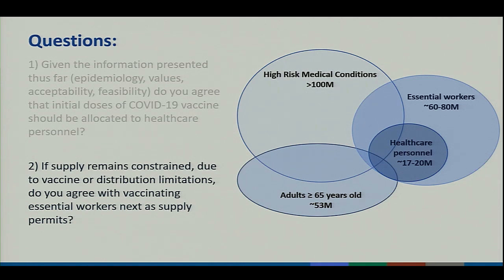So I could certainly go along with this, but I'm struggling. I can't remember what the overlap is between essential workers and high-risk medical conditions. Does it look like these circles, or is there a greater overlap? I also think it would potentially be easier to administer the vaccine with the cold chain, especially with mobile vans or other ways of getting to the essential workers. Thank you.